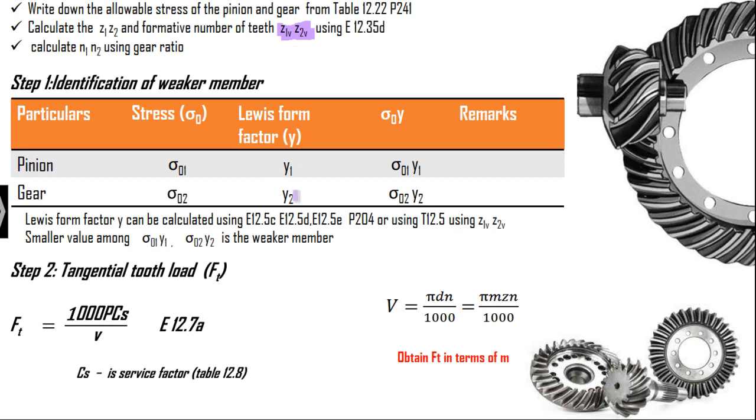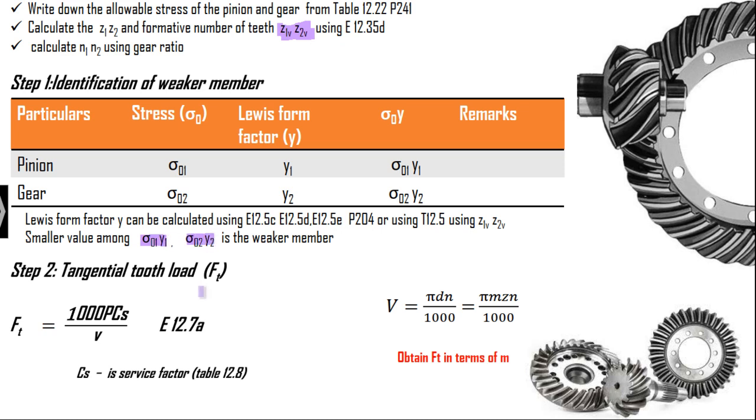Y1 and Y2 are nothing but the formative Lewis form factors. This Lewis form factor is used along with the stress value to get the value of sigma y, and among these two, the smaller value will be called the weaker one, and we have to design for the weaker member. The small value among sigma 1 y1 and sigma 2 y2 is the weaker one.